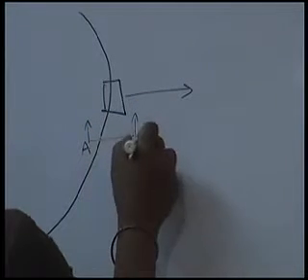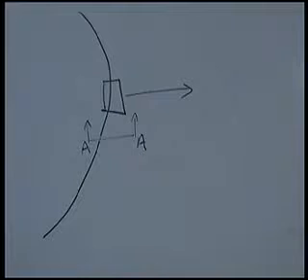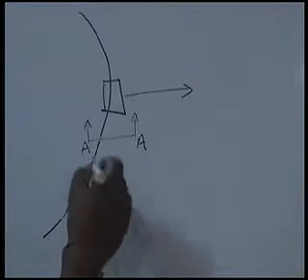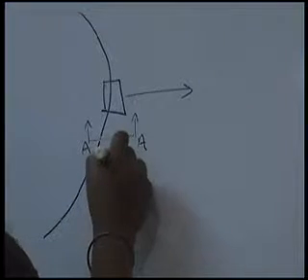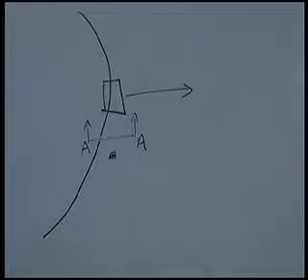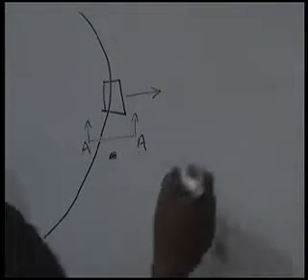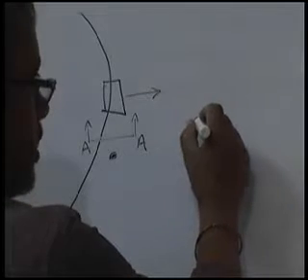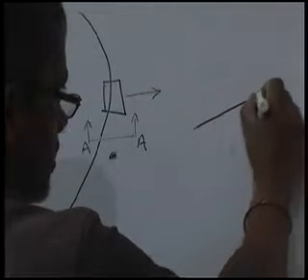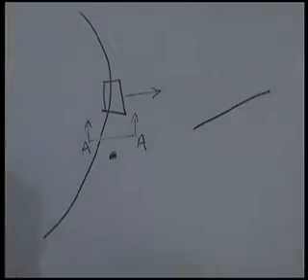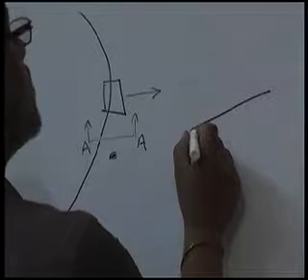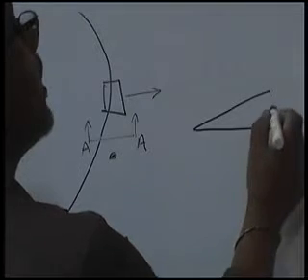If you are standing here and looking at this plane, you will find that the road appears to be inclined like this. This is the plane and this is the inclination.